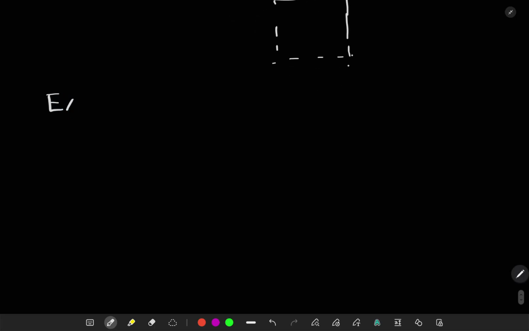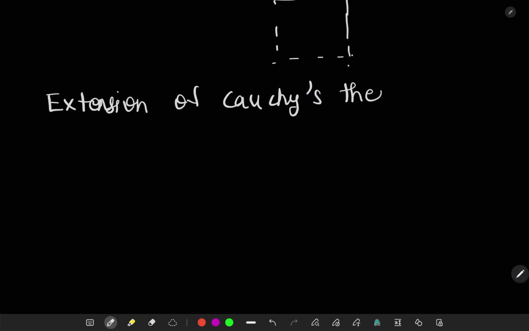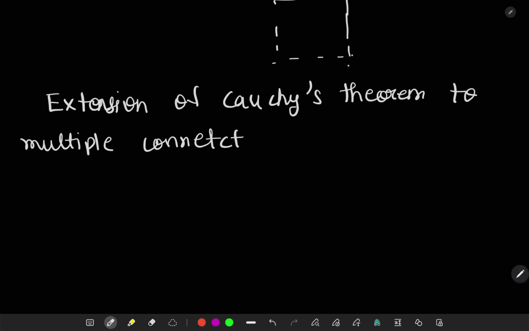Now the extension of Cauchy's theorem to multiply connected regions.